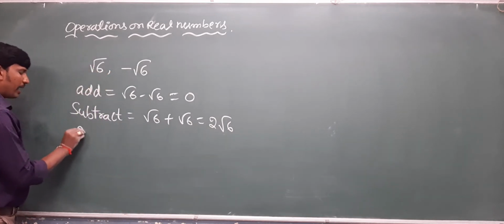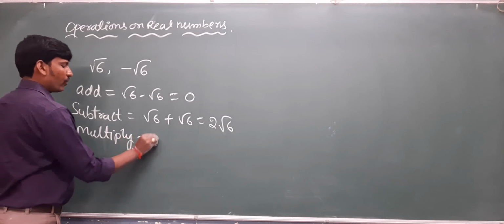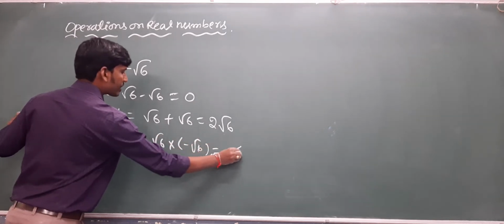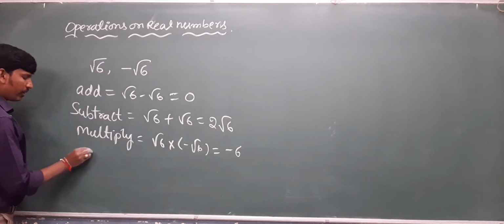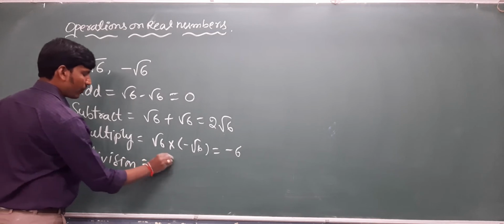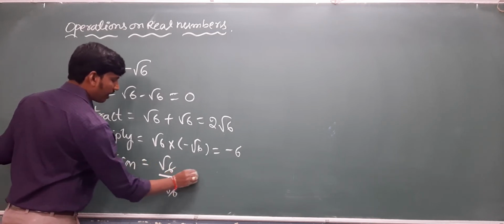Clear? When you multiply root 6 into minus root 6, it will become minus 6. Clear? When you divide root 6 by minus root 6, both will be cancelled, you will get minus 1.